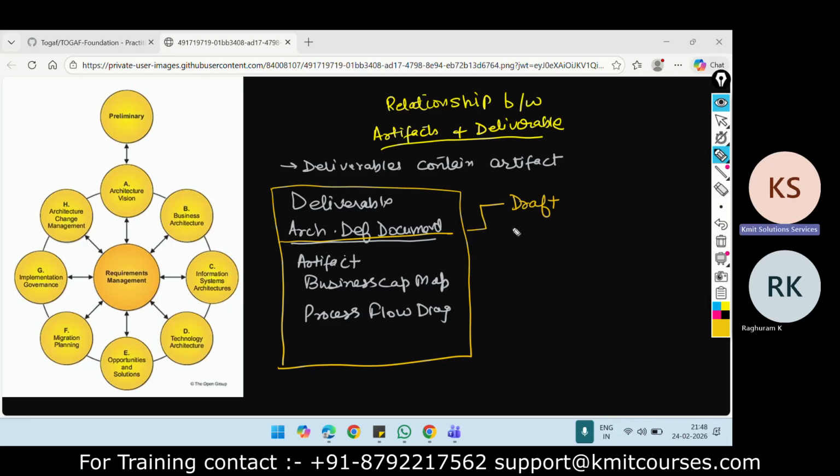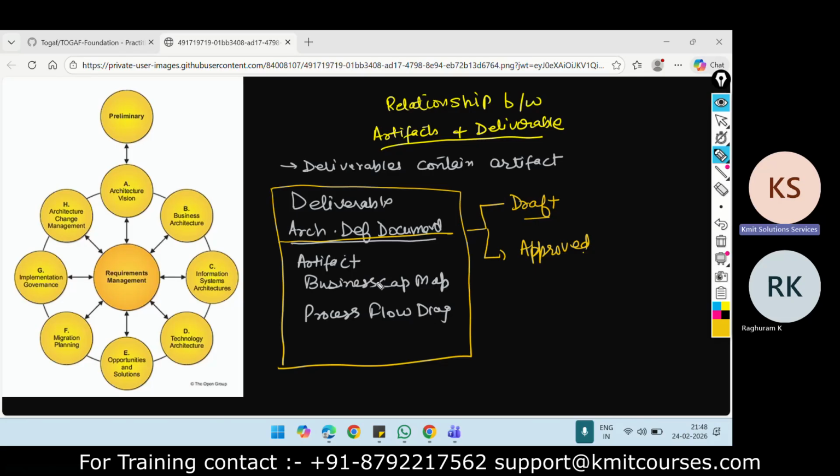They haven't gone through any formal review or approval process. First you create a draft document, and then once everything is approved, those are called approved. Those are the documents that have been reviewed and approved.